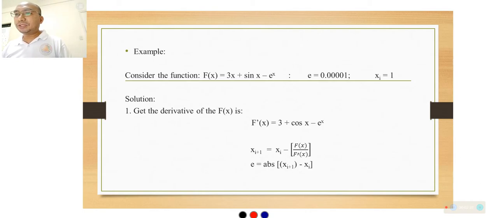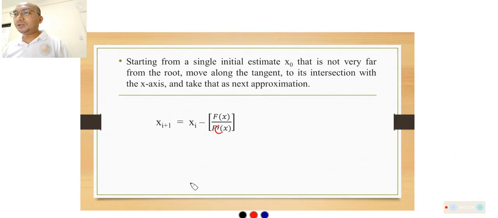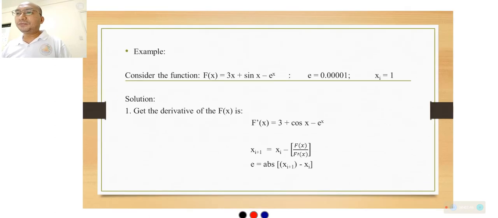In the previous slides, we know that to get the next value of xi, we need the value of the derivative of the function, f prime x. So the first step is to get the derivative of the function. Our function of x is equal to 3x plus sine x minus e raised to x.